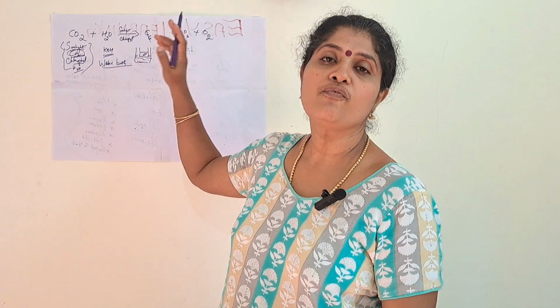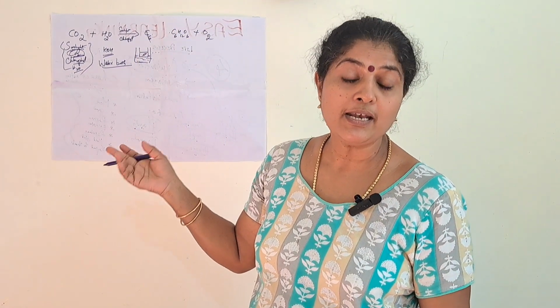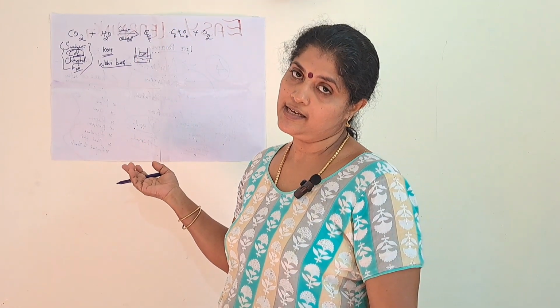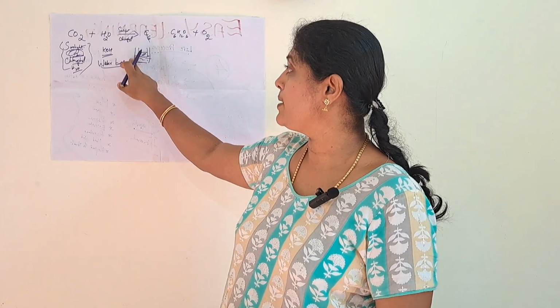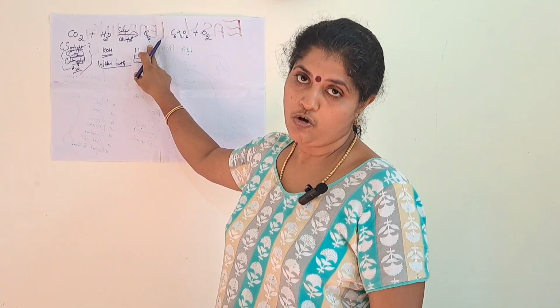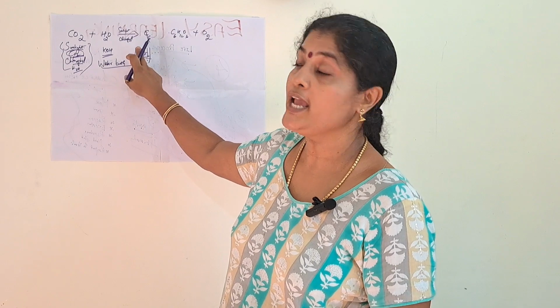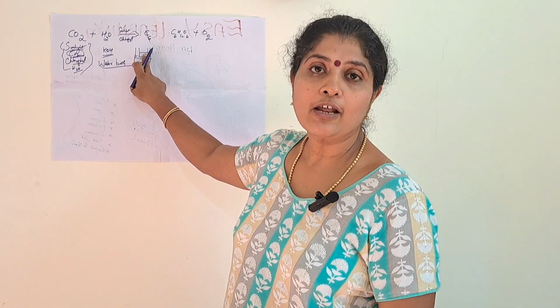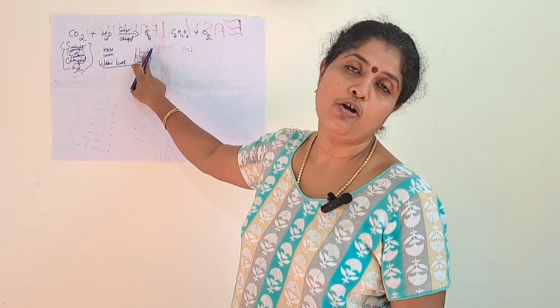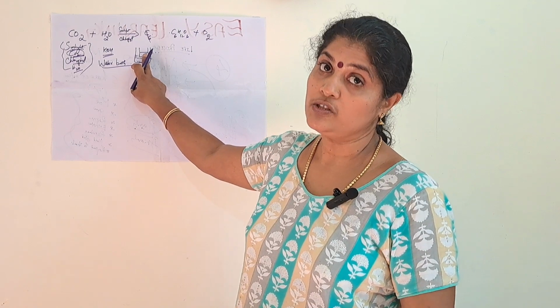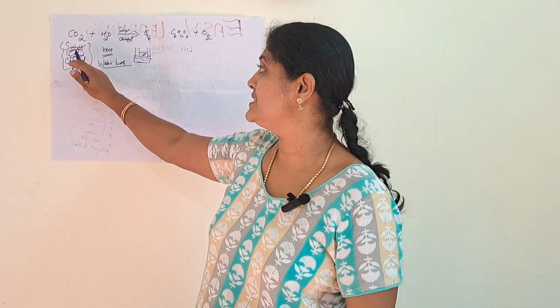Why? Because chlorophyll sometimes interferes in the experiment and we would not get the correct result. So this water bath method is used. We do not boil the leaf containing alcohol directly on the Bunsen burner because it is highly inflammable. That point you have to remember in this experiment.